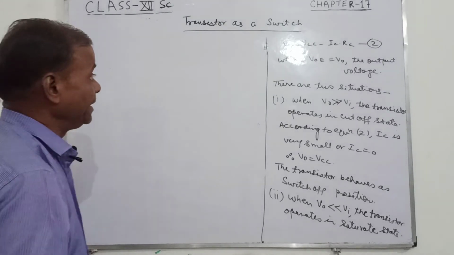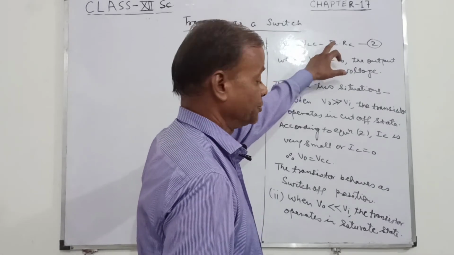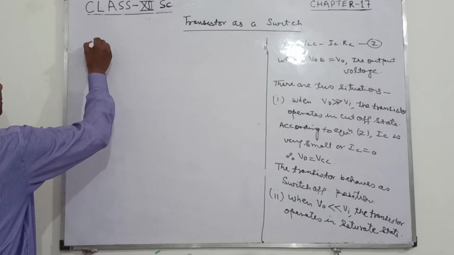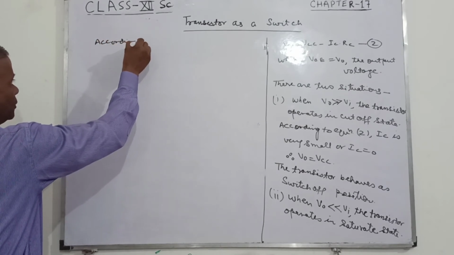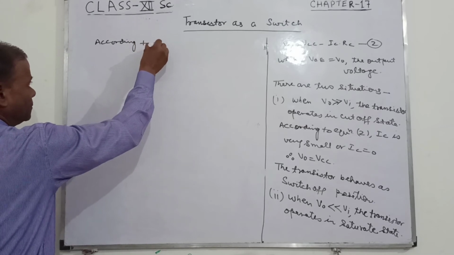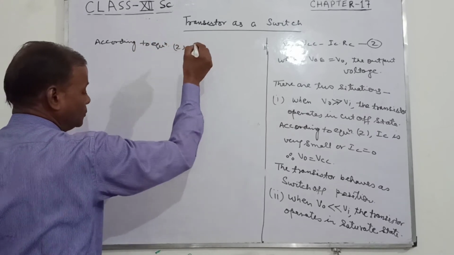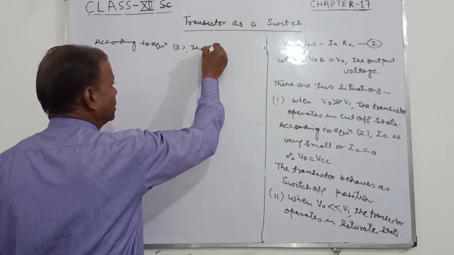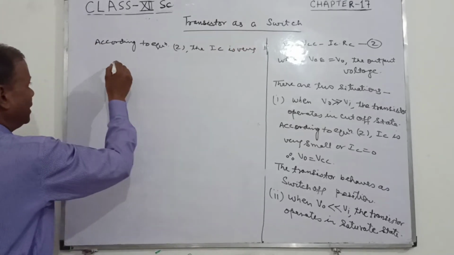V naught very much less than Vi means this Vi is very small, so IC is very large. According to equation 2, the IC is very large.